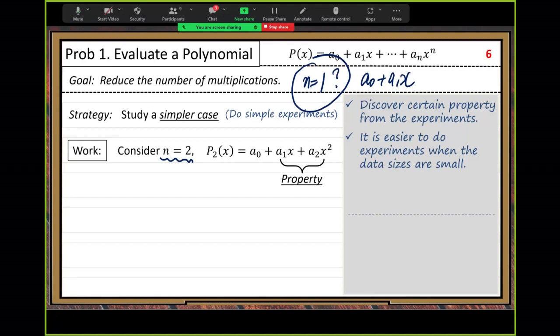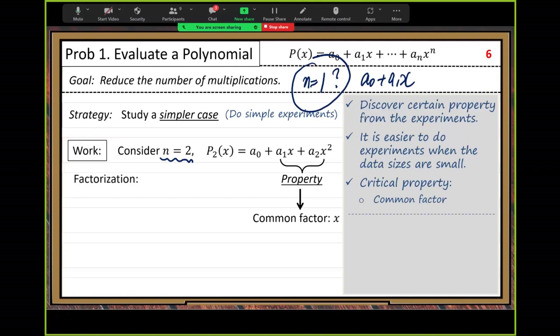So that's the main difference. All right. Now we want to explore this common factor property. The critical property here is the common factor. We want to take advantage of this common factor property to help us reach our target, multiplication reduction.